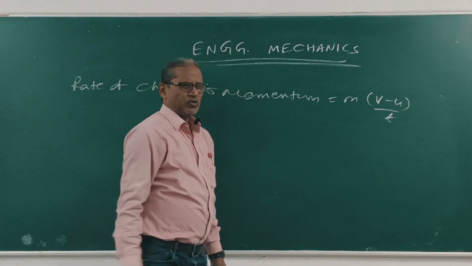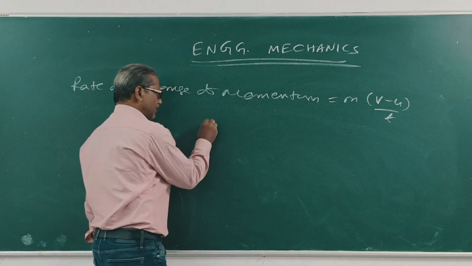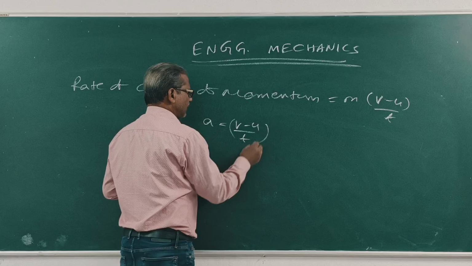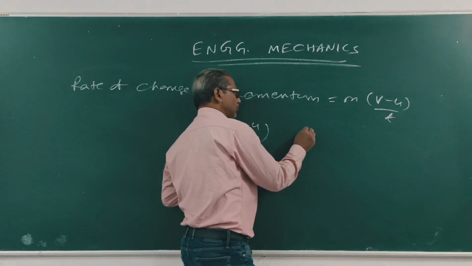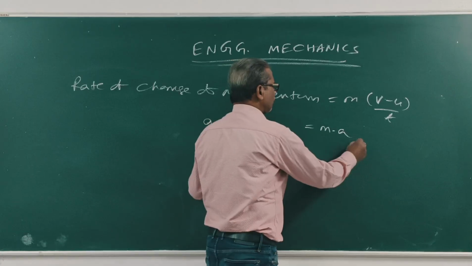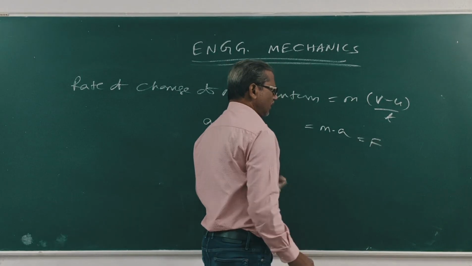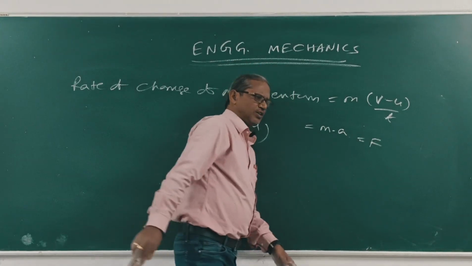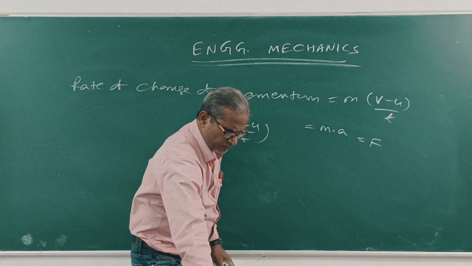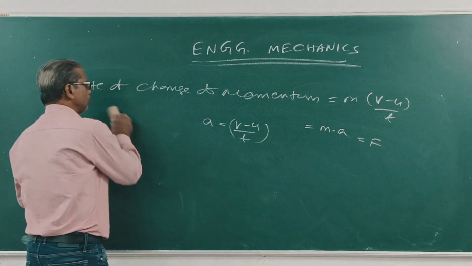What is (v minus u) by t? What is a equal to? (v minus u) by t. So the rate of change in momentum is equal to m into a. What is m into a equal to? Force F. Now come to the definition.